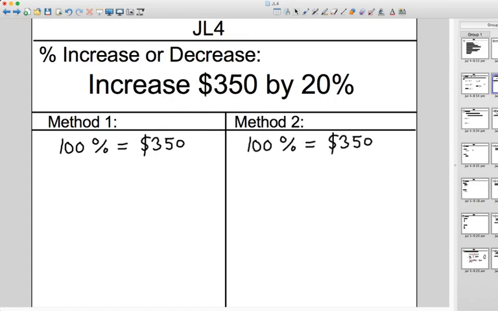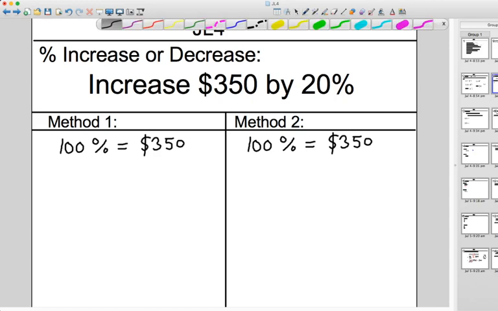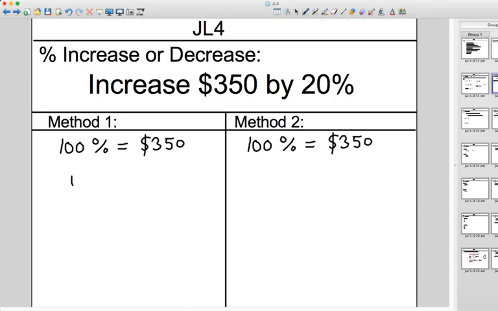It's a bit slow today, my computer. And if I want to increase it, well, I'm going to need to know what 10% is. So to go from 100% to 10%, I divide by 10. And I divide this by 10. That will give me $35. 20%.